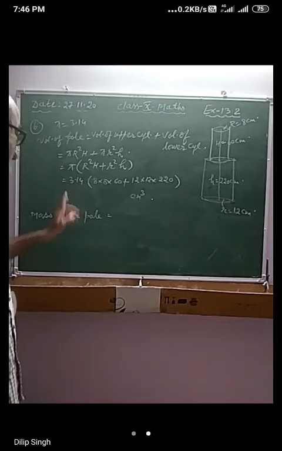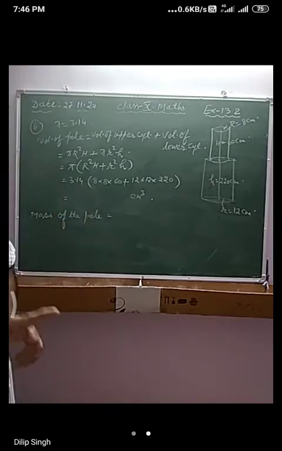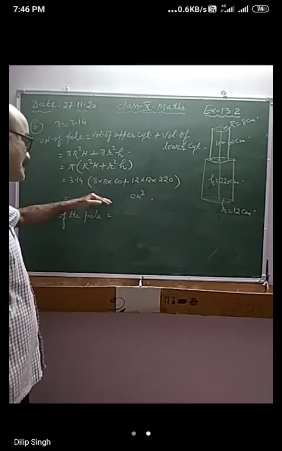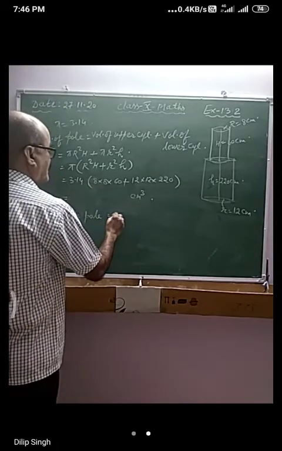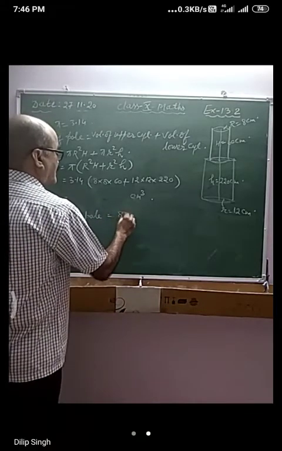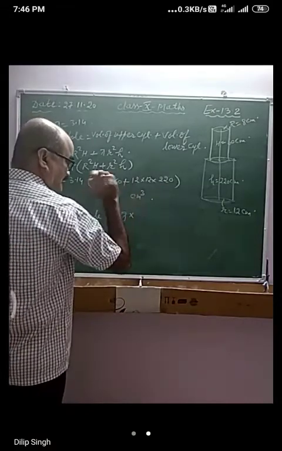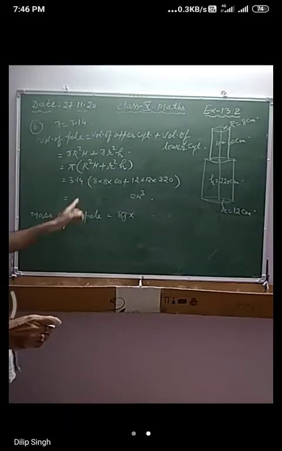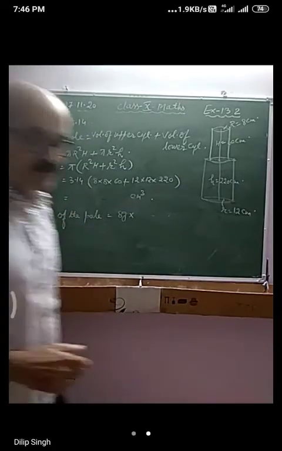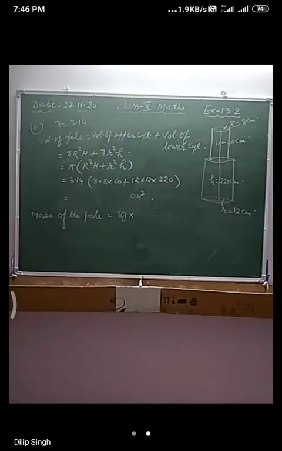So 1 centimeter cube में कितना है? 8 ग्राम है. So इतने सेंटीमीटर क्यूब में कितना होगा? 8 gram into this one ना. So this will be equal to 8 gram into this amount you will write here. Okay, 8 gram into this, so you will get the answer. So आप लोग इसको solve करना.